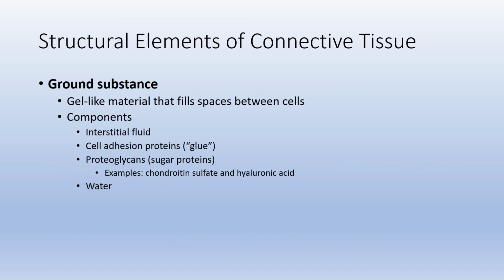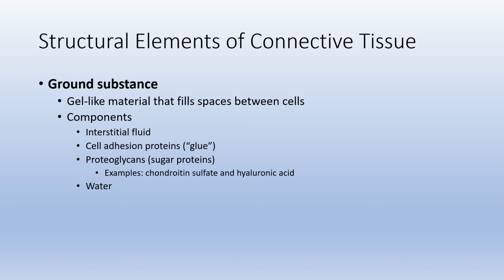We will first start by looking at each of these elements and seeing what they are composed of. The first one being the ground substance. This could be considered a colloid mixture. It's a gel-like material that's going to fill the spaces between cells. Other things that comprise ground substance, the majority of it is water.